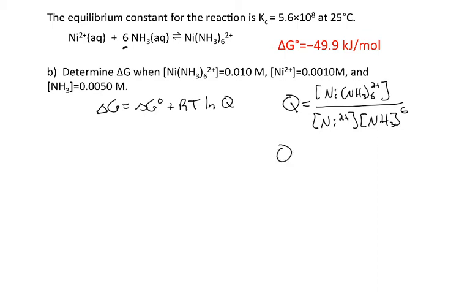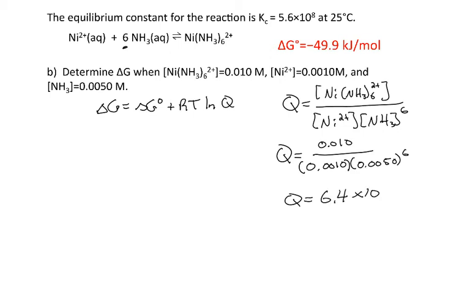So when I calculate Q, Q comes out to be 6.4 times 10 to the 14. Now I can plug in my values in my first equation.